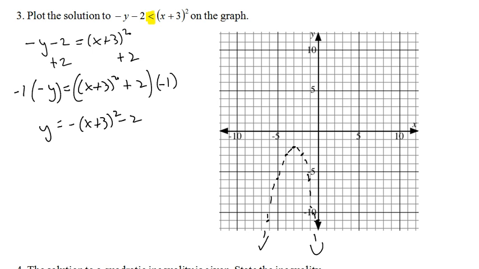And now I just need to do 2 test points. So let's grab one inside here. That's (-3, -10). That's 8 is less than 0, which is false. And let's try this point up here, so (-3, 5).